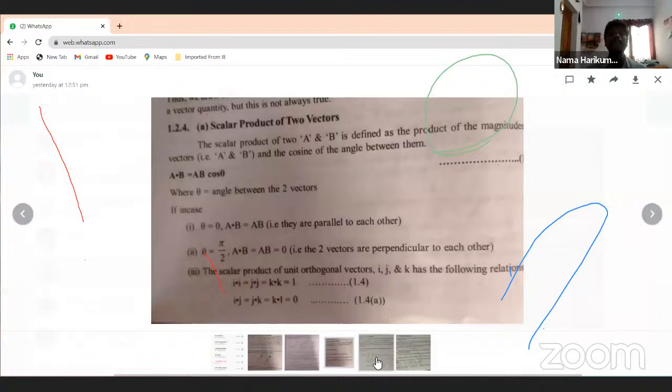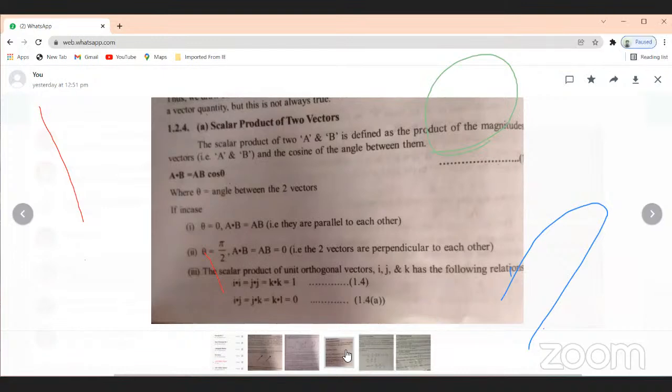These are scalar properties. So once again: I dot I, j dot j, k dot k equal to 1. And I dot j, j dot k, k dot I equal to 0.